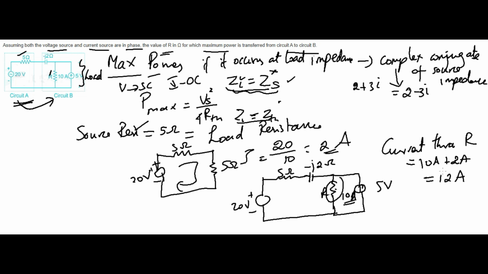The voltage is 5 volt, the current is 12 amps. So R is equal to V by I, which is 5 by 12, equal to 0.42. The answer is 0.42 ohm.